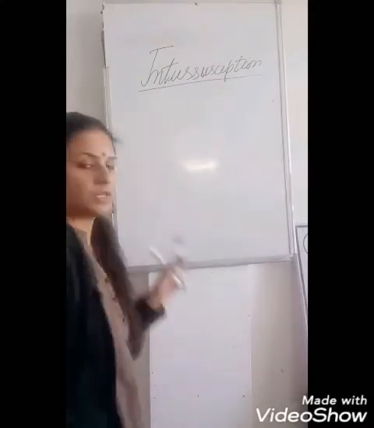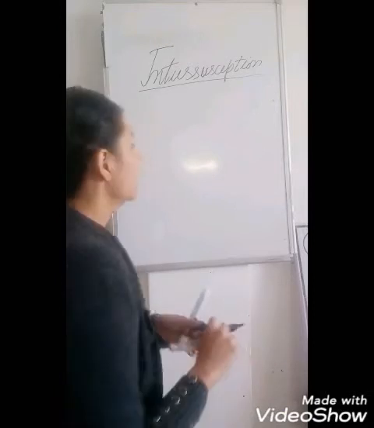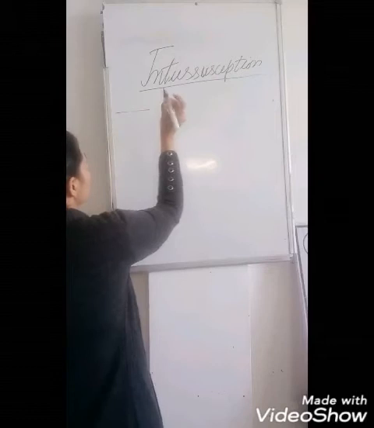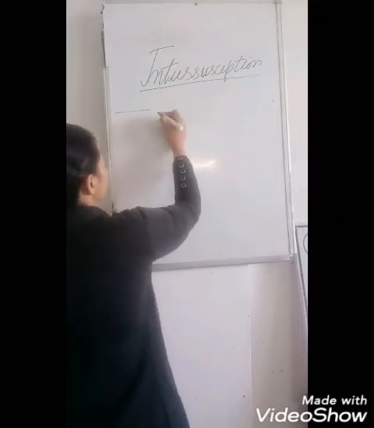So intussusception usually occurs in infants. It can occur in later age also, in adults. It is called secondary intussusception.